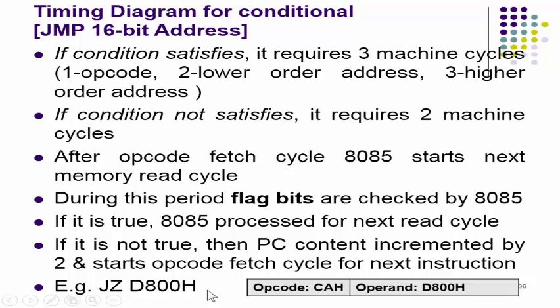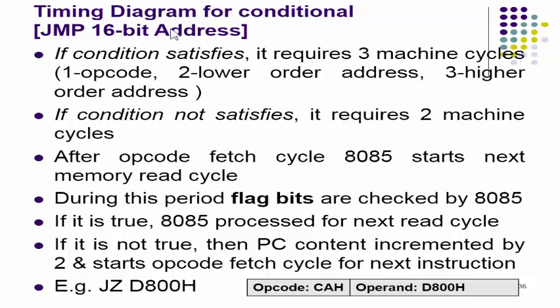So in case of satisfied condition, 8085 requires 3 machine cycles for this JZ instruction. The timing diagram for the satisfied condition is the same as the timing diagram for the unconditional jump instruction. Unconditional jump instruction means the processor will not check the flag bits.